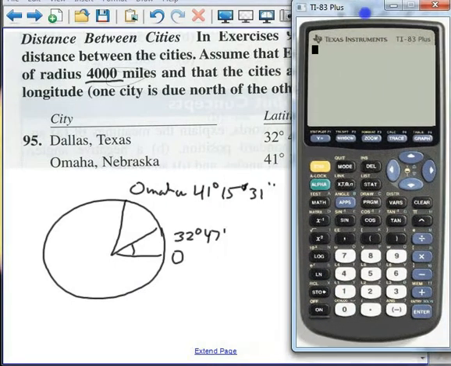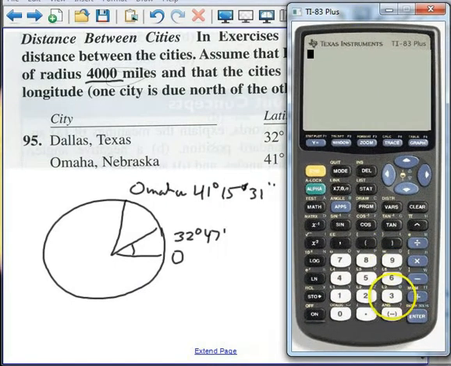Okay, so we need to convert everything to decimal degrees. I'm going to go 31 divided by 60 plus 15. Divide that by 60 plus 41.